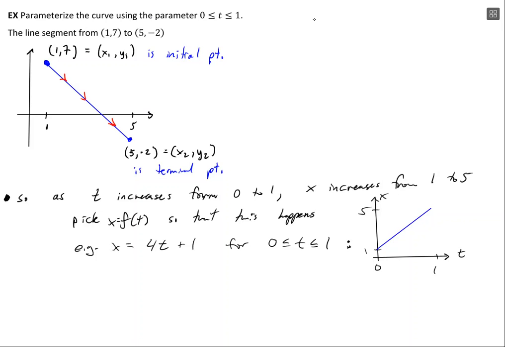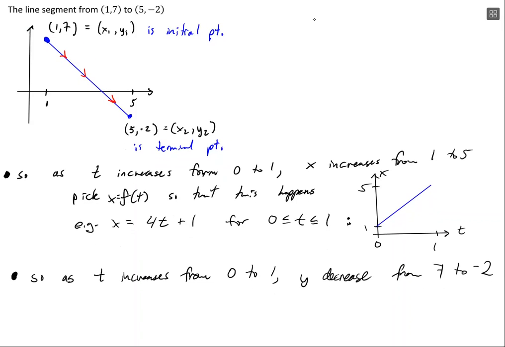And in the same way, we want y values to do the same thing. So as t increases from 0 to 1, y, no, pardon me, decreases from 7 to -2.